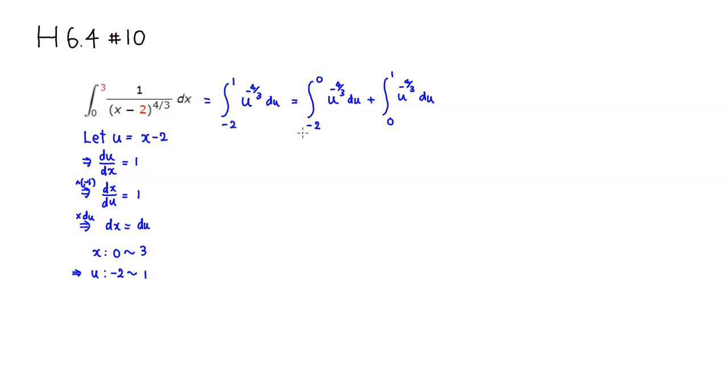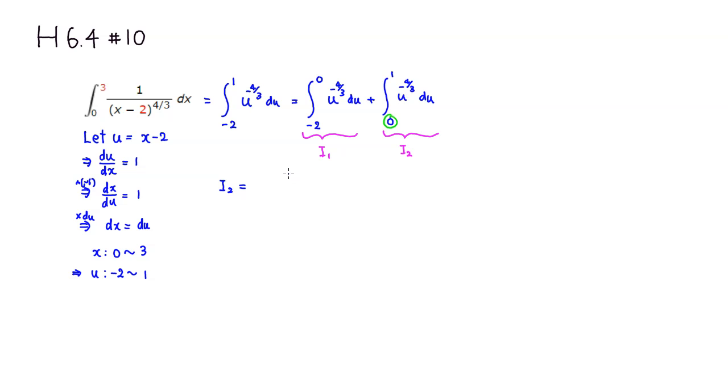I'm going to call this one I1, integral 1, and this one integral 2. You can work on either one. I kind of like the second one better, so let's work on I2. The troublemaker is 0, because 0 will make the denominator 0.